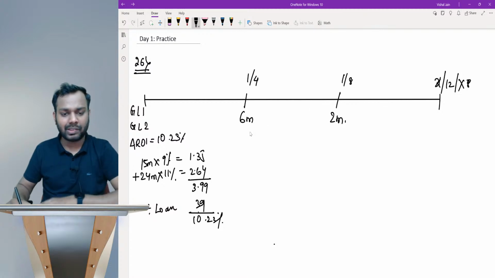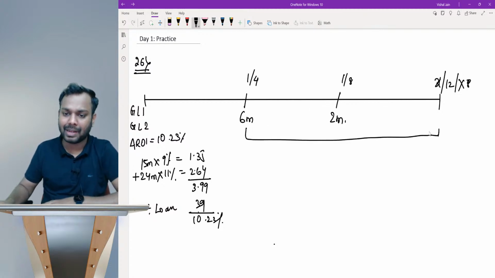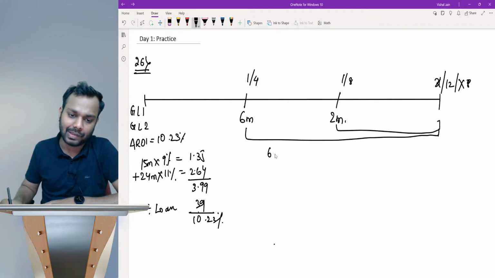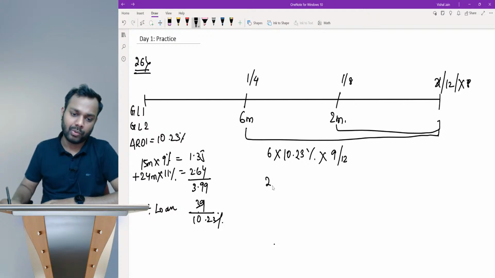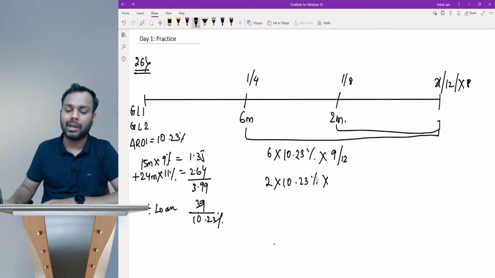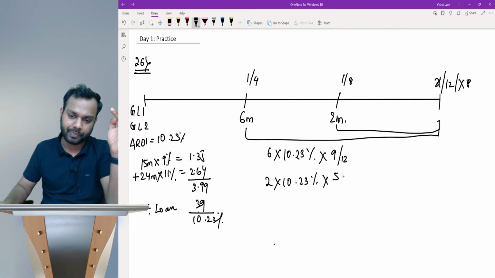This is the period of capitalization for each. So the borrowing cost to be capitalized is 6 multiplied by 10.23 percent multiplied by 9 by 12, and for the second it is 2 multiplied by 10.23 percent multiplied by 5 by 12, for August to December.